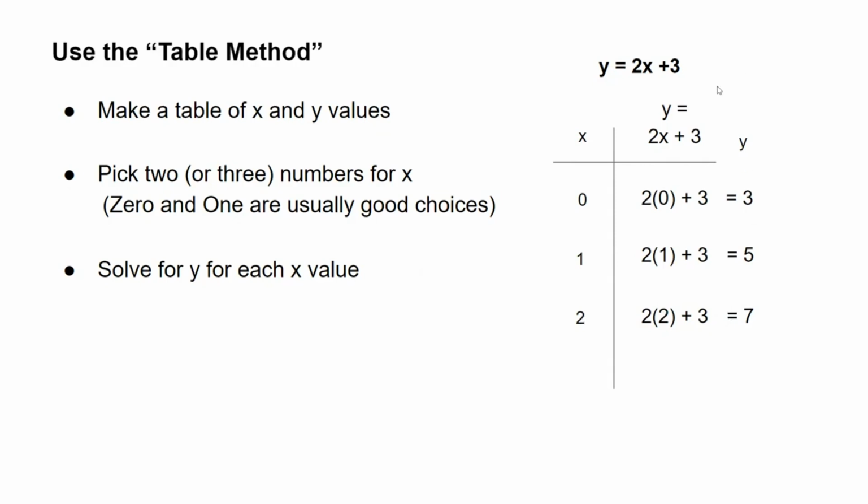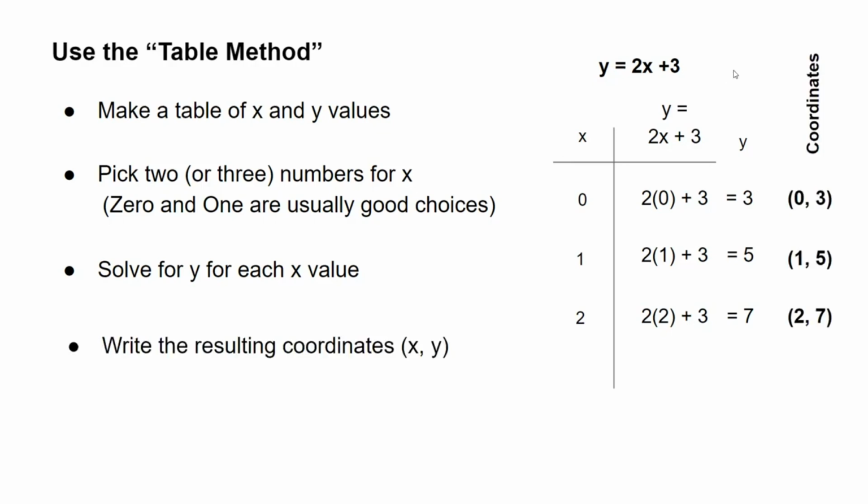Now, the point of this table is to find coordinates. We then write the resulting coordinates. We use our x value that we chose and the resulting y value. (0, 3) is one coordinate. (1, 5) is our second coordinate. And (2, 7) is our third coordinate.